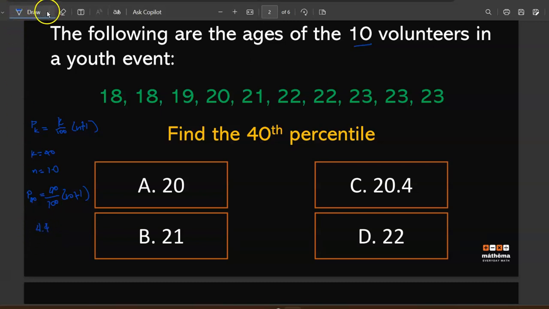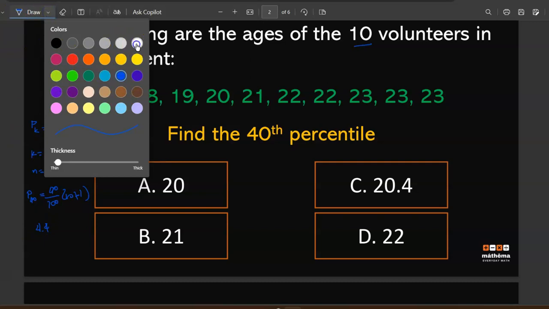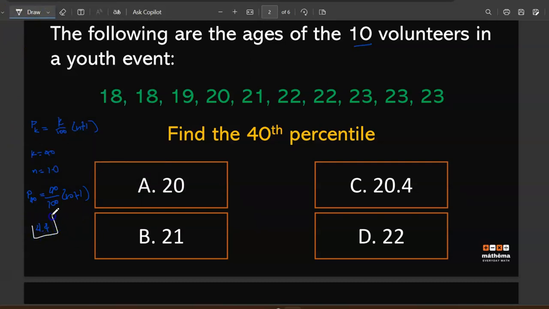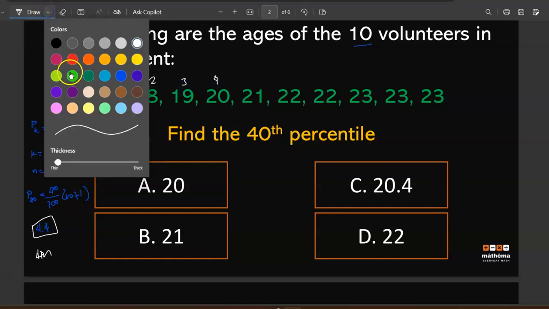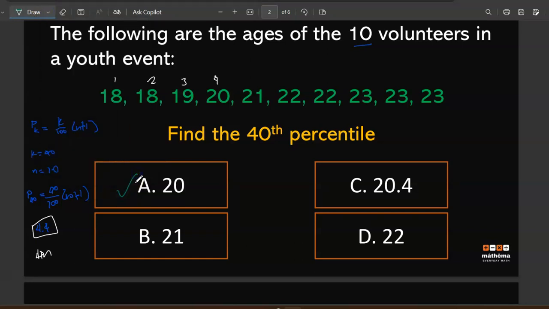Since this is 4.4, rounding it will just give us 4. So in the traditional approach, our 40th percentile is at the 4th position, which is 1, 2, 3, 4. This gives us letter A as our answer.